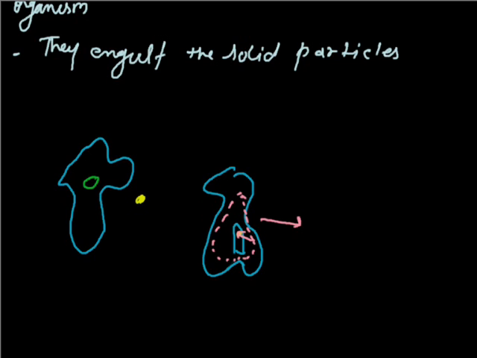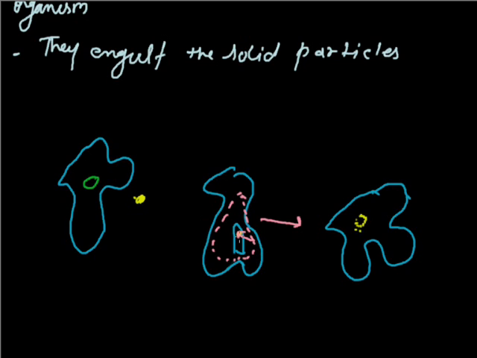After the complete digestion, the whole amoeba will receive the nutrients, and these nutrients will be circulated to the whole body by movement. So initially amoeba has got the food.